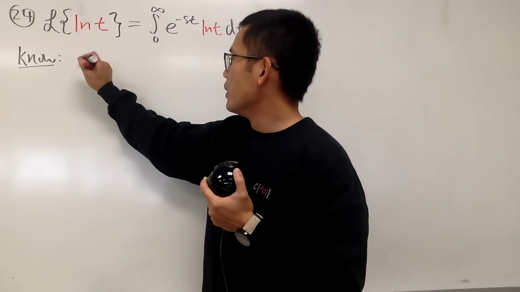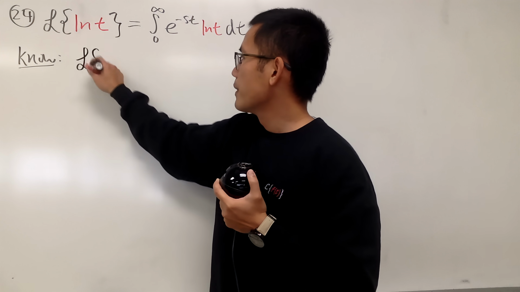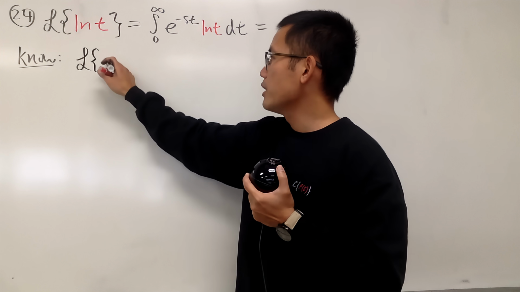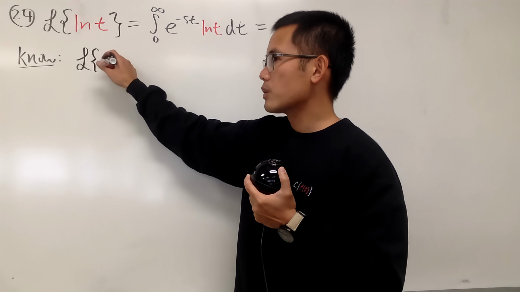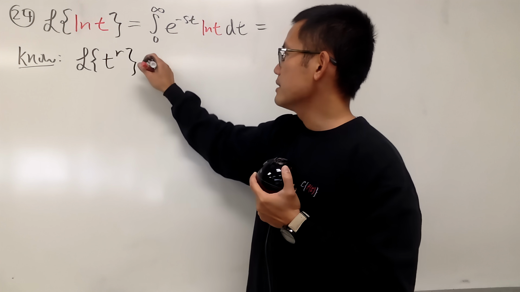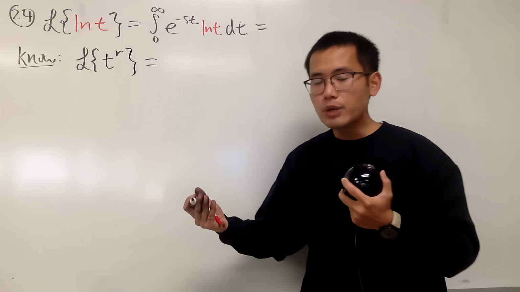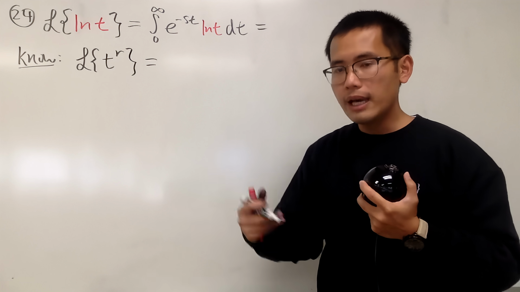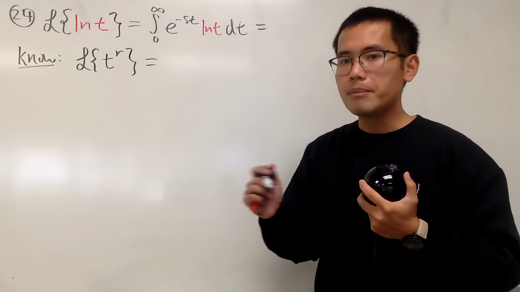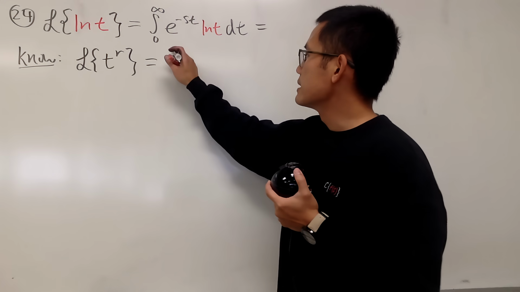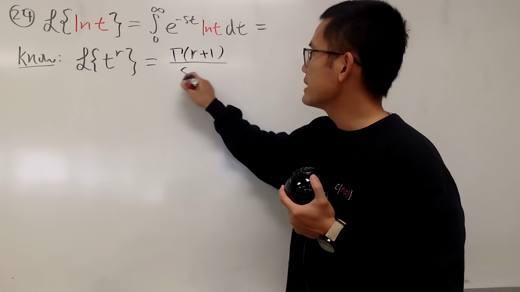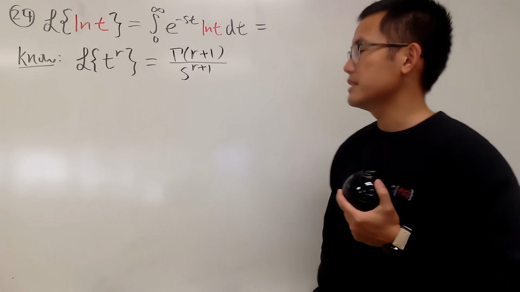We know that, just like what we did earlier, the Laplace transform of t to the r's power is r factorial over s to the r plus 1 power, but r factorial is the same as gamma of r plus 1. So I'll put this down as gamma of r plus 1 over s to the r plus 1, isn't it?